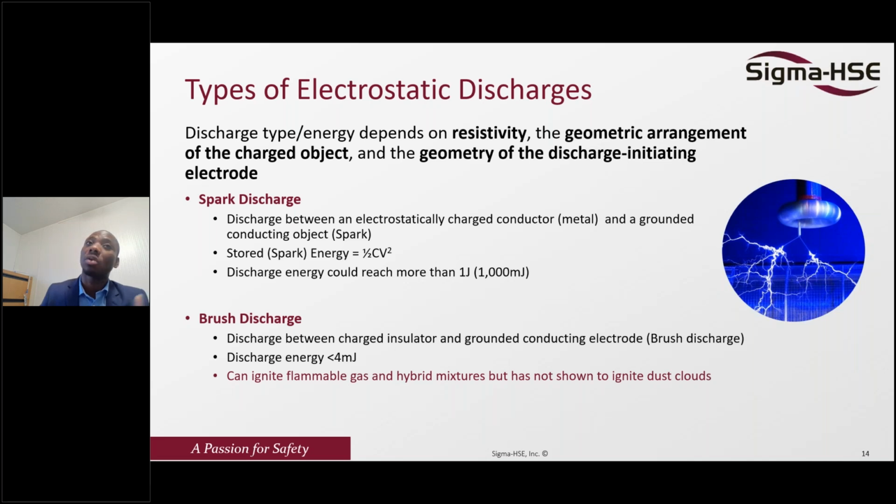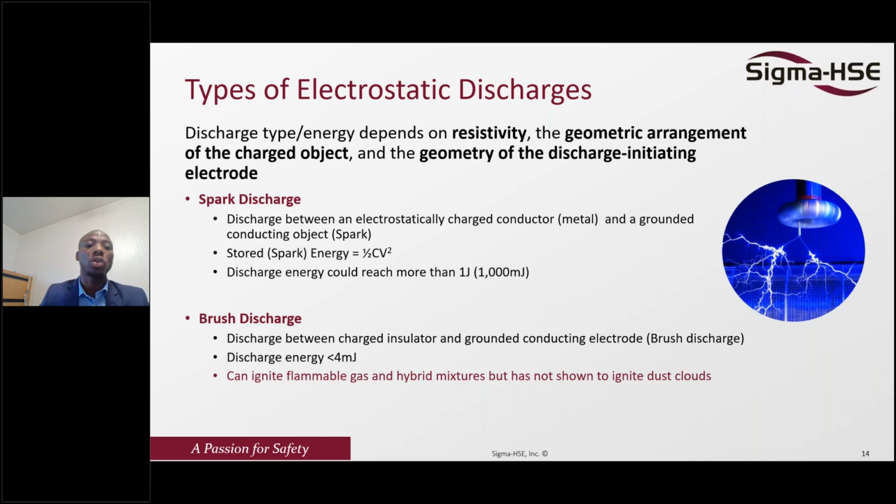And usually you can calculate the stored energy using half capacitance times voltage squared. In this case, you will be able to know the capacitance, which determines the amount of energy being stored, whether in picofarad or microfarad. And you also know the voltage. And in this case, you'll be able to calculate the stored energy.